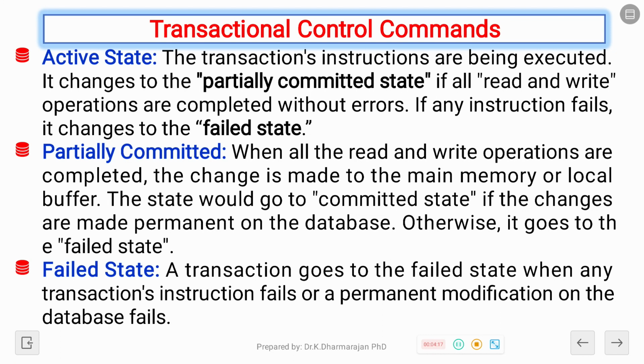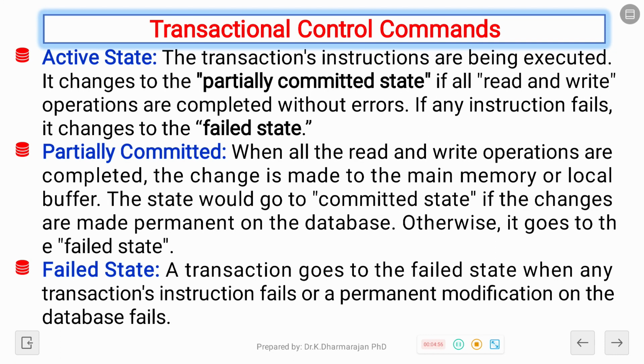Read or write operations are completed, and after the transaction is over, the total transaction is reflected permanently. For example, when you transfer money from your account to another account, your account will be debited, and the transaction list will be corrected. When the other account receives it, it will be credited: the existing amount plus the credit amount will be checked. This state is known as partially committed.